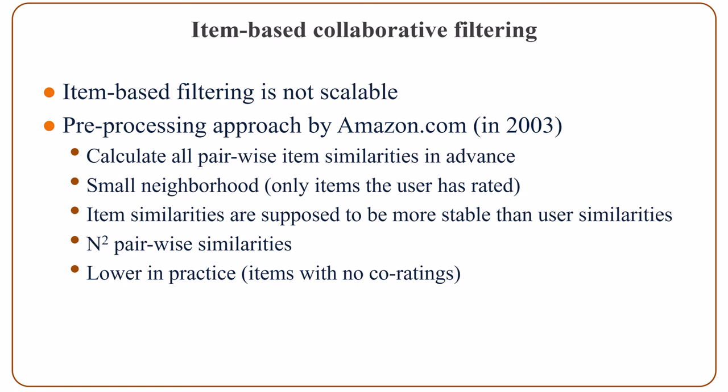User similarity changes often, so this approach is more stable. We need to store n squared pairwise similarities in the memory. However, in practice, this is significantly lower because there are items with no co-ratings.